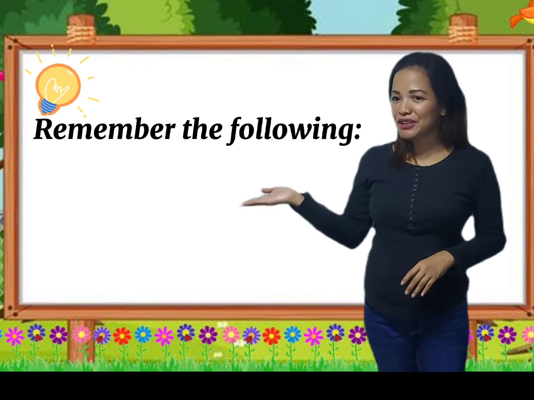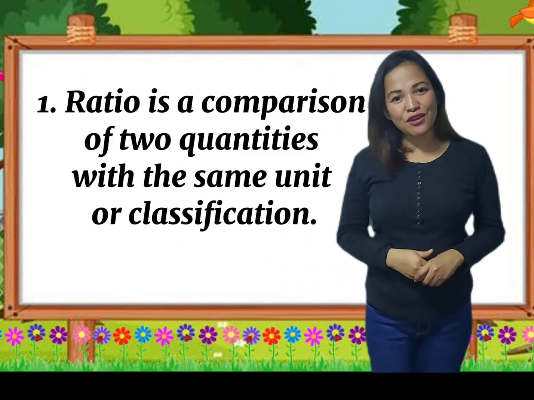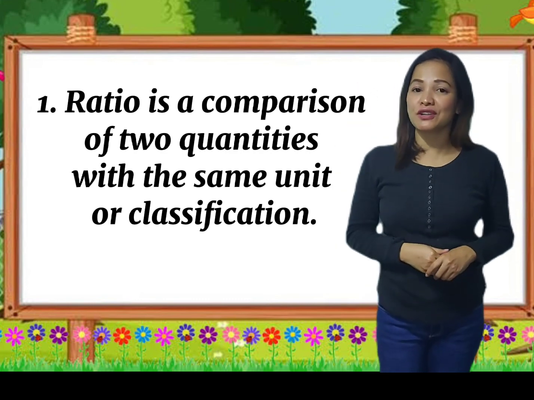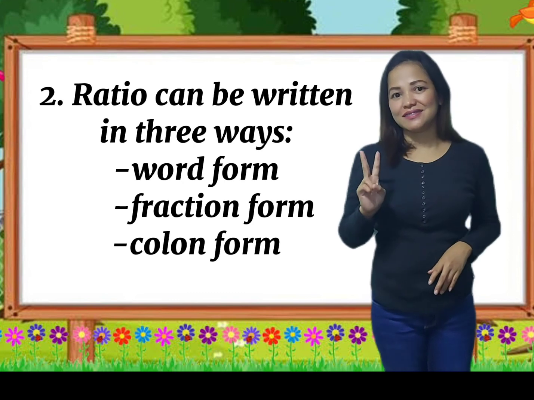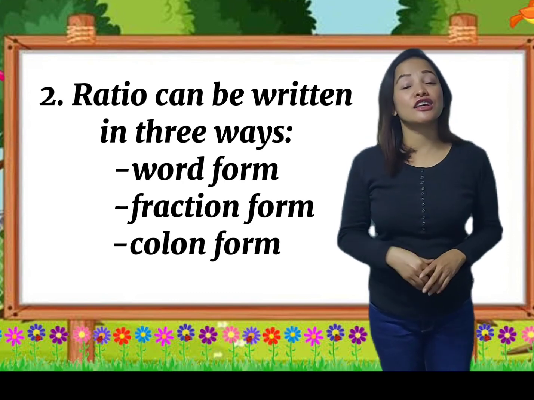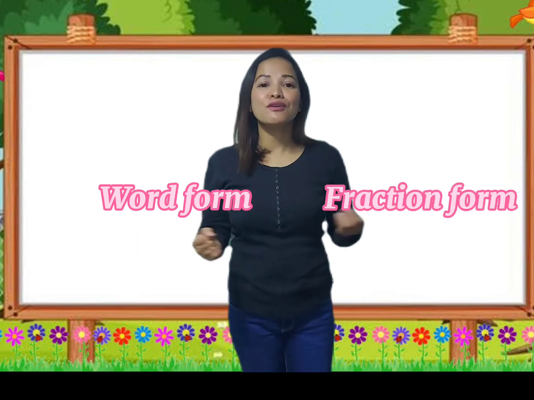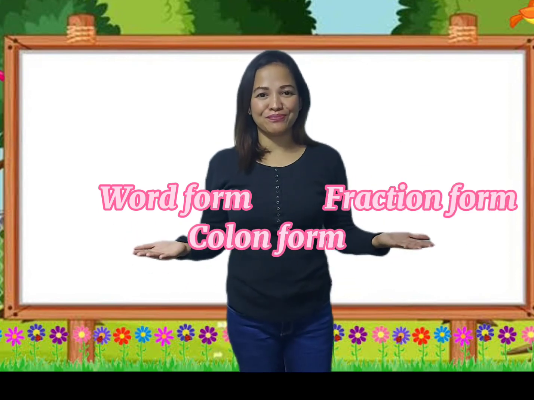And to sum up our lesson, let us remember the following. First, ratio is a comparison of 2 quantities with the same units or classification. Second, it can be written in 3 ways: word form, fraction form, or column form.